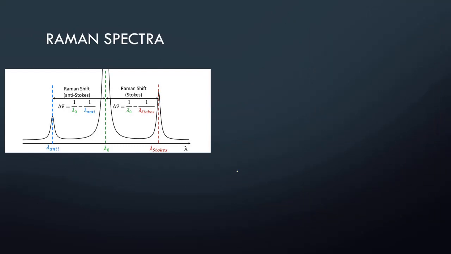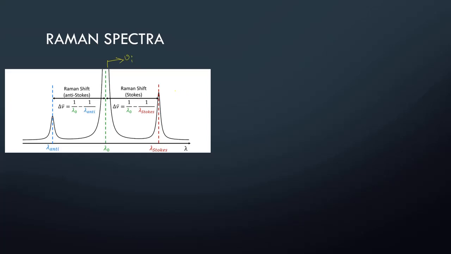Now let us see the Raman spectra. As we have already seen, when light interacts with matter, there are three types of scattered radiation coming out from that matter. The first is the characteristic radiation, that is, the radiation which consists of the same frequency as that of the incident light.